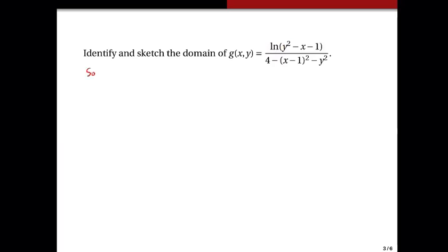So y squared minus x minus 1 must be greater than 0. And the denominator, 4 minus quantity x minus 1 squared minus y squared, we don't want to be 0.